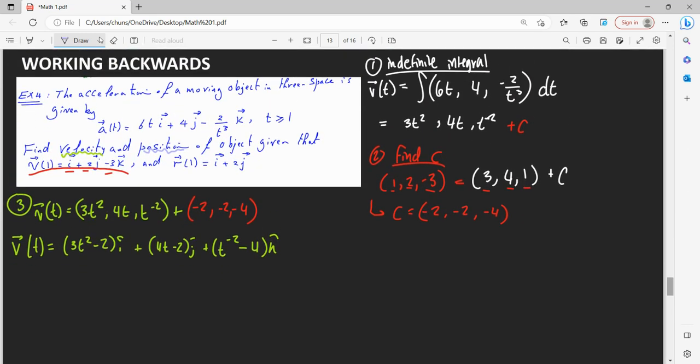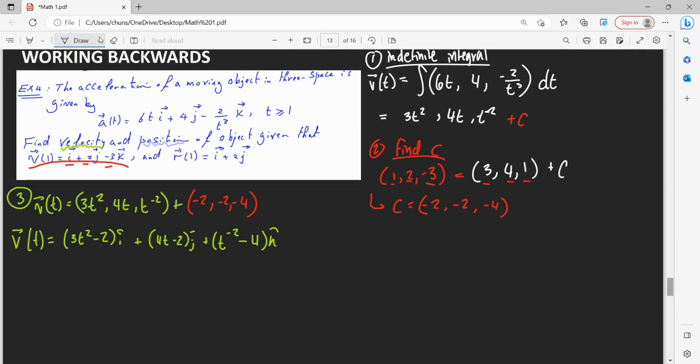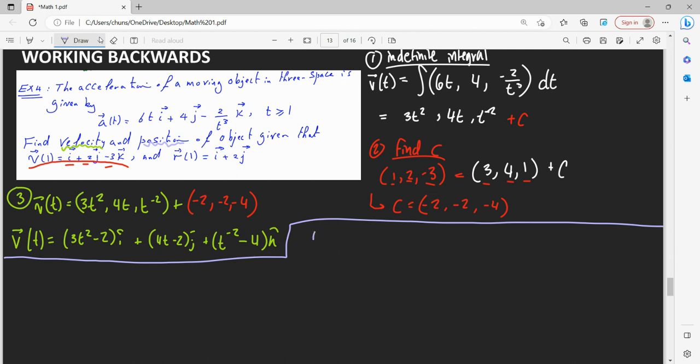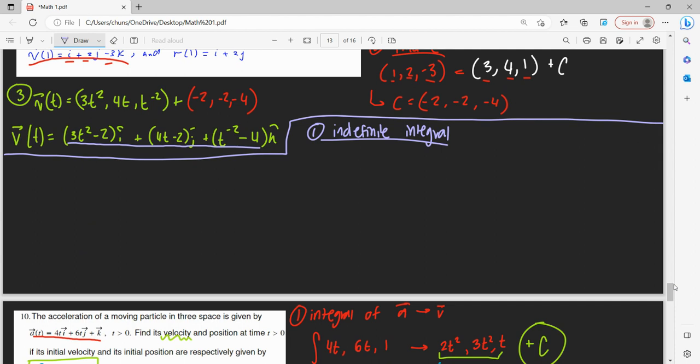So let's do that. It's the same kind of steps. I'm just going to draw a little separation here. So let's start with our indefinite integral. We're going to be using what we just solved, and we are going to be integrating that.